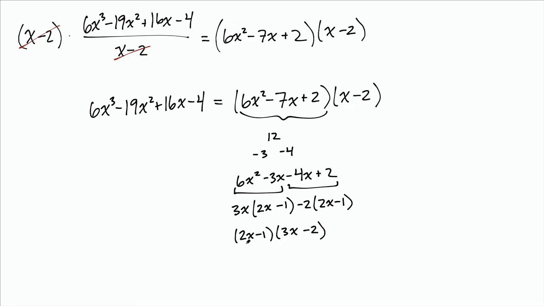This is the factored form of this polynomial. But I still have the x minus 2, so I have that times x minus 2. And this is my factored form of that polynomial.